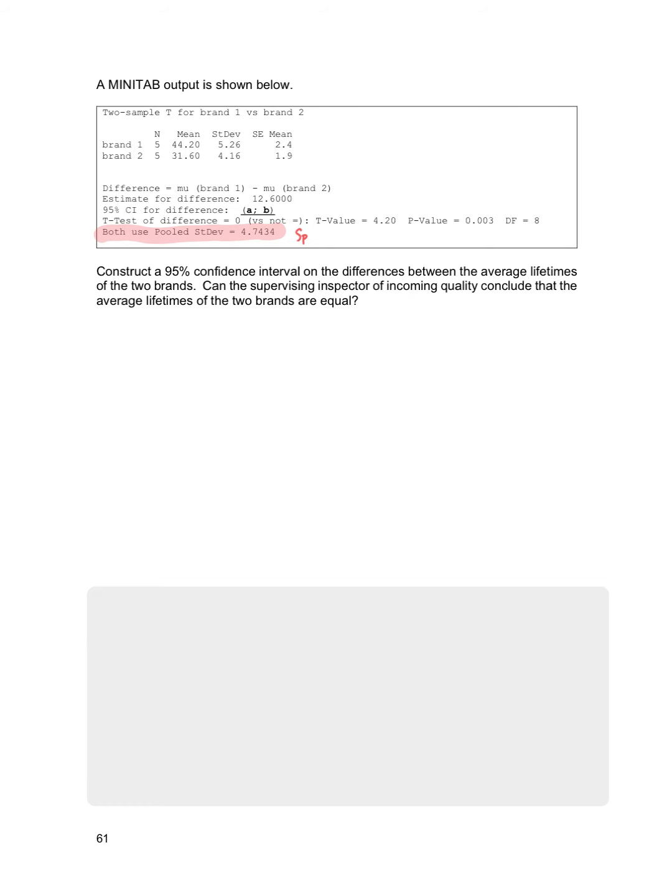Identify the value of alpha, so our alpha is 5%, 0.05. So t 0.05 divided by 2 is 0.025. So our degree of freedom is 5 plus 5 minus 2 equals 8. And then refer to the table, we get 2.306.